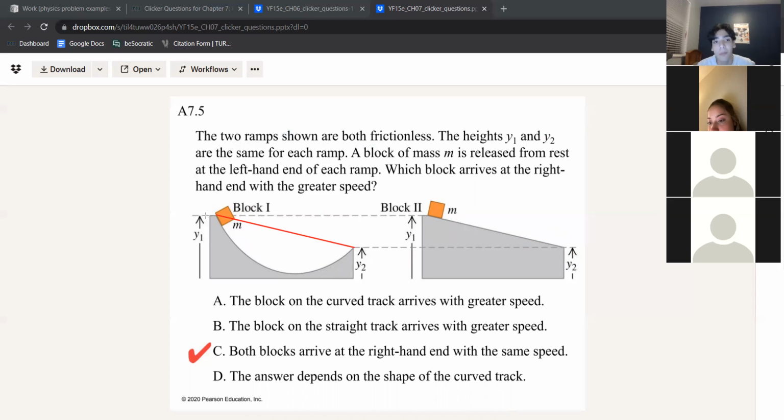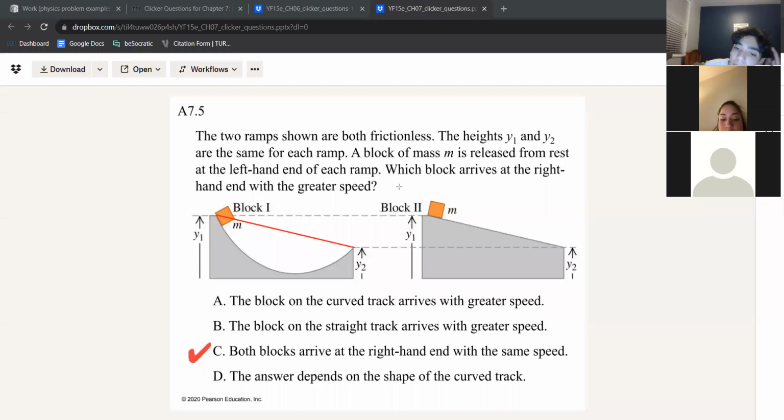They travel from point Y1 and they arrive at point Y2. I don't know how much that would change due to the curve, but judging by the fact that they arrive at the same speed, what was the equation for speed again, Maria? It was distance over time.